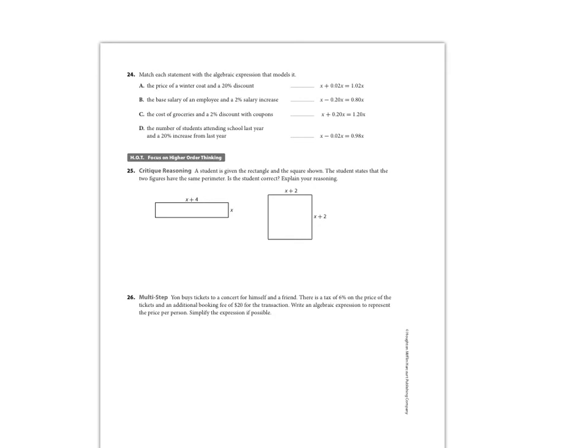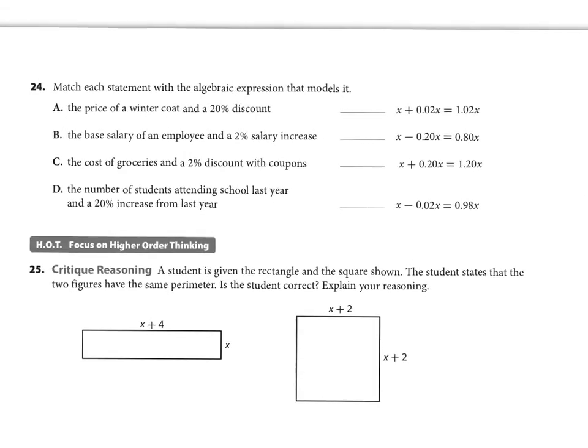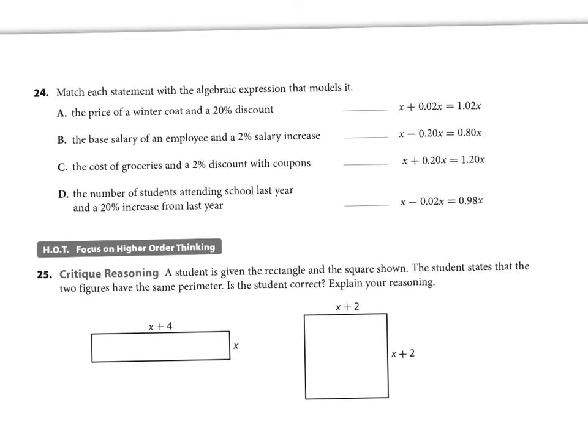The last thing I want to look at here is problem number 24. This talks about matching the statement with the expression. This goes back again to understanding how to read word problems a little bit. It said the price of a winter coat and a 20% discount.